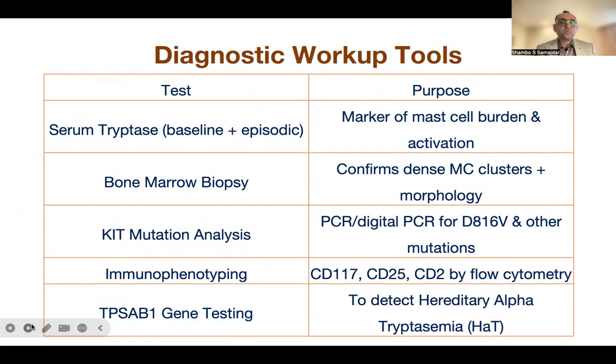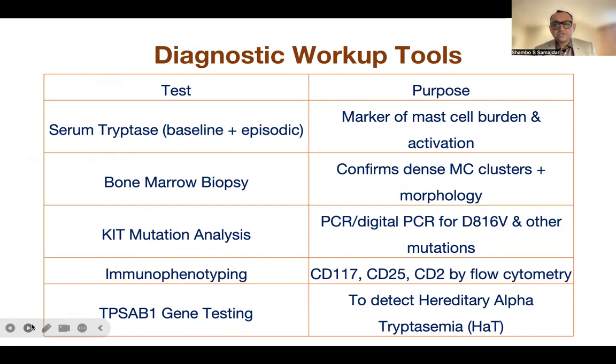And these are a few important diagnostic workup tools. We need to do serum tryptase, both baseline and episodic, which is a marker of both burden and activation. Bone marrow biopsy is important to confirm the dense mast cell clusters and their morphology, then KIT mutation analysis, immunophenotyping, and TPSAB1 gene testing.